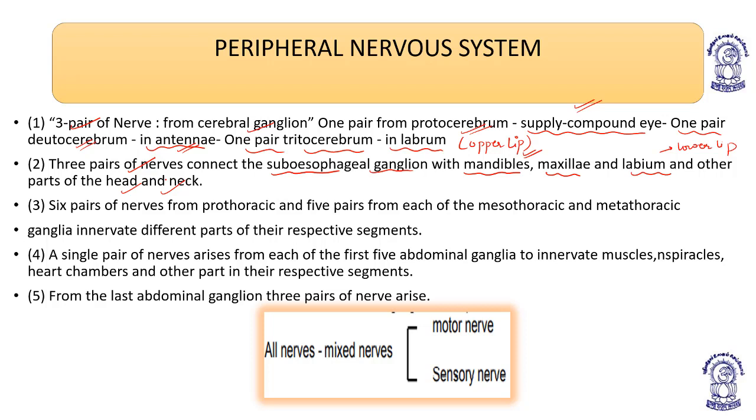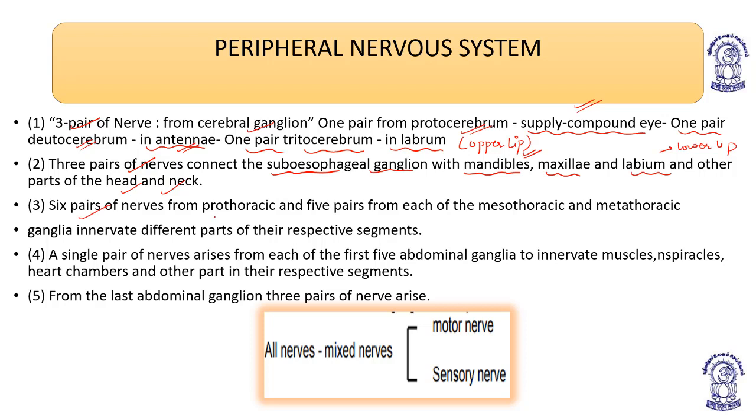So three pairs of nerves: one from the protocerebrum to the compound eyes, deuterocerebrum to the antenna, tritocerebrum to the labrum. Then three pairs of nerves connect the subesophageal ganglion with the mandibles, maxilla, labium, and other parts of the head and neck.